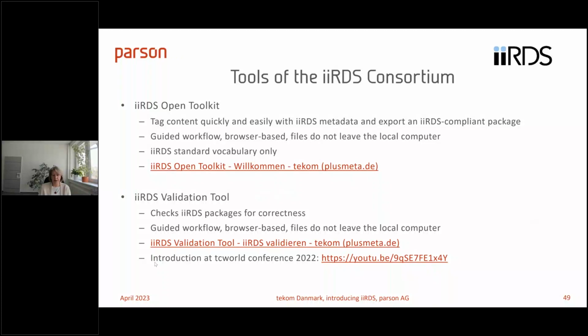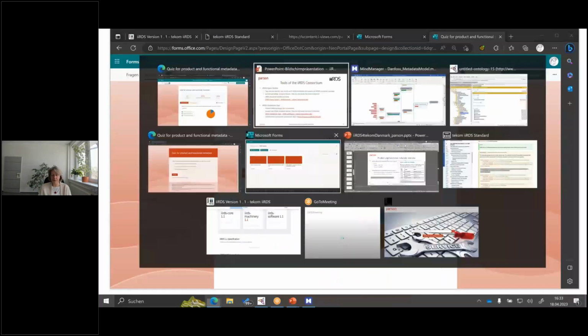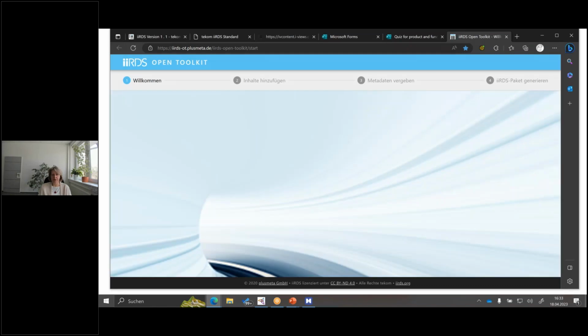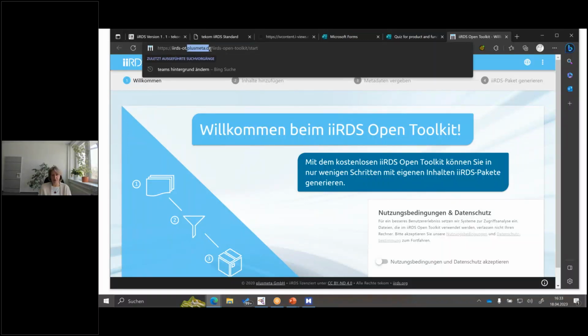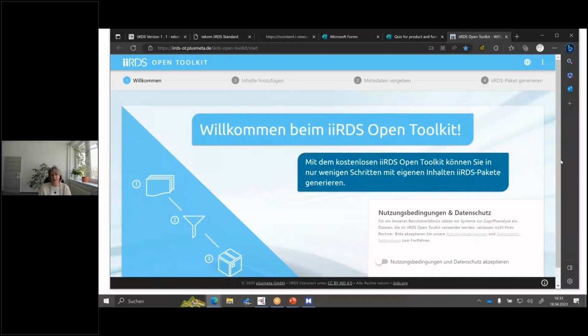So we have the iiRDS Open Toolkit. I can actually show that, hopefully. It was programmed by Plazmita, which is also a separate tool for tagging content based on AI.